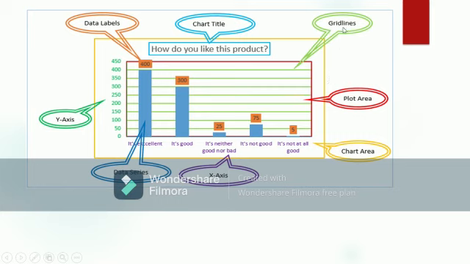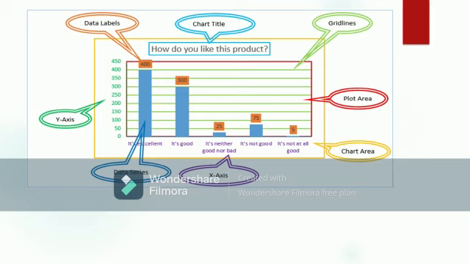Then what is this one? Grid lines. Yes, these lines are called grid lines. They are lines that run across the plot area from each category on the x-axis and from each value on the y-axis.